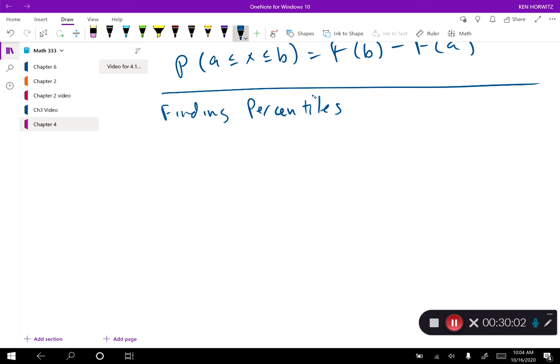So I'm just going to outline an example. Let's let x be a continuous random variable with the following PDF.